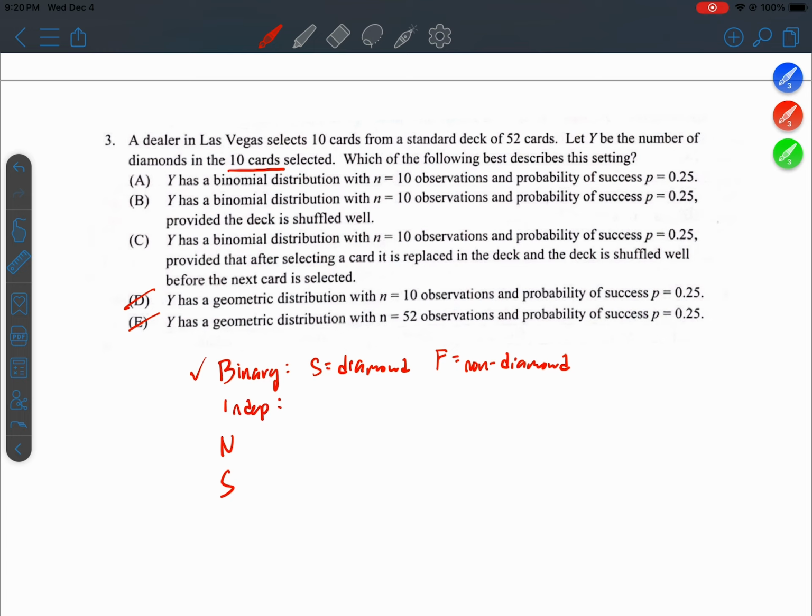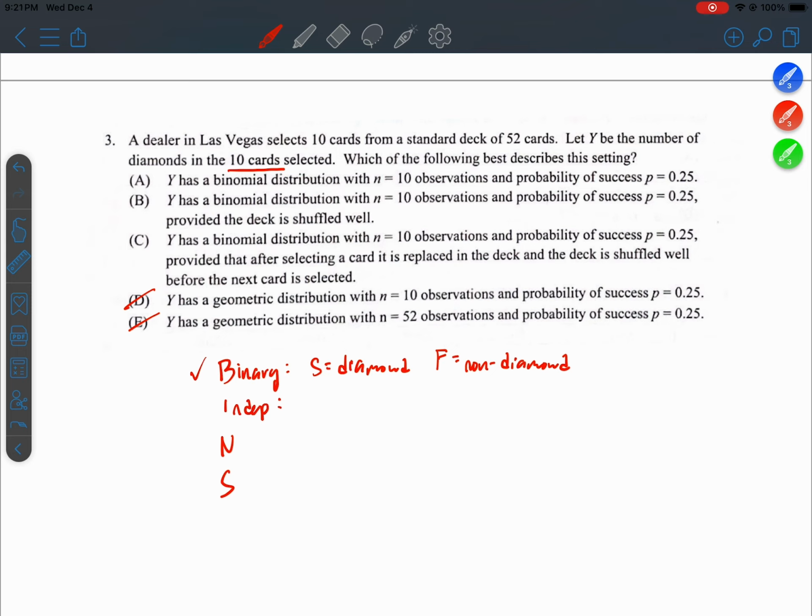If the first card I pull out is a heart, it should be more difficult for the next card to be a heart because now there's fewer hearts in the deck. But if we assume that the cards get replaced, then we're basically resetting the deck every time we draw a card, and that would make the trials independent.